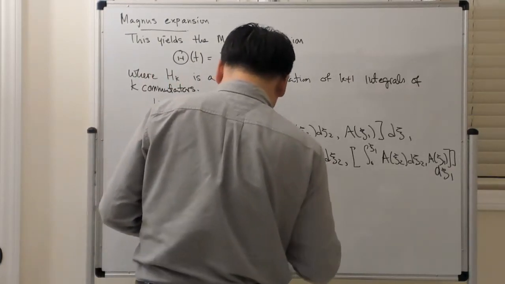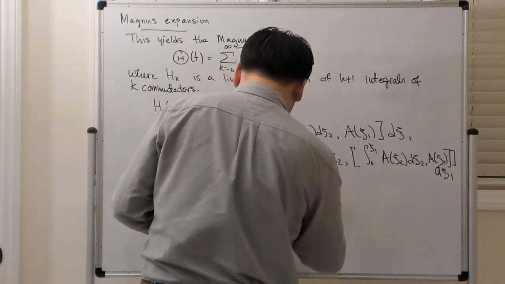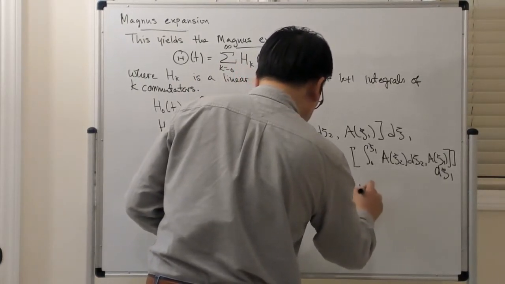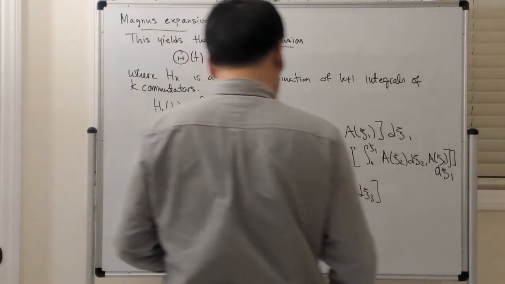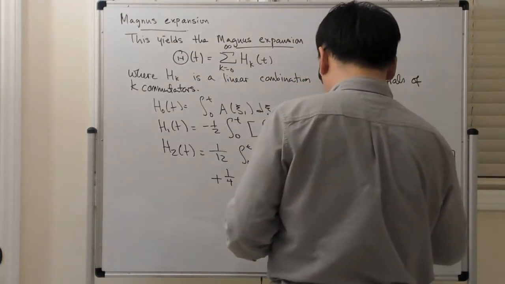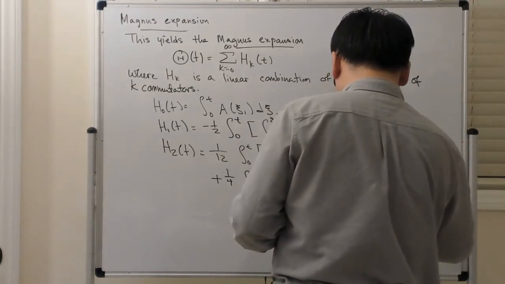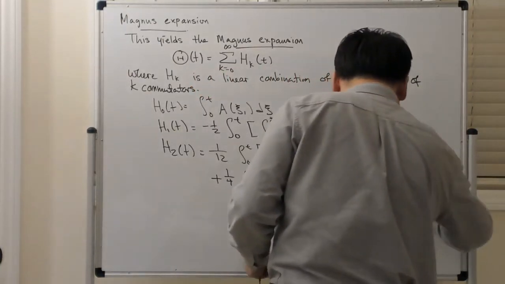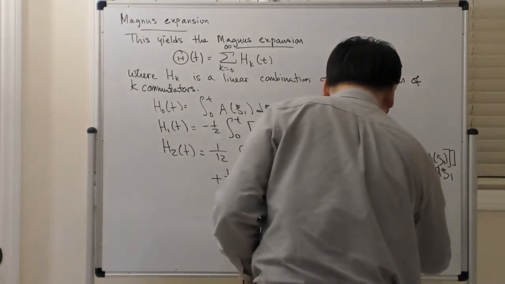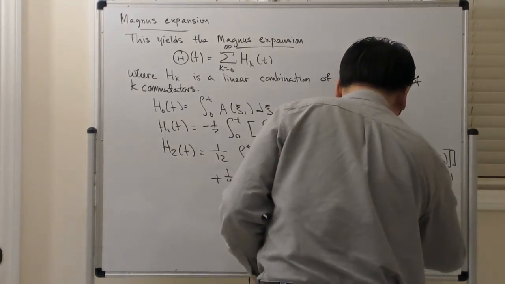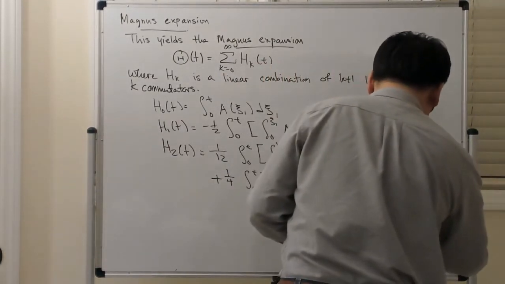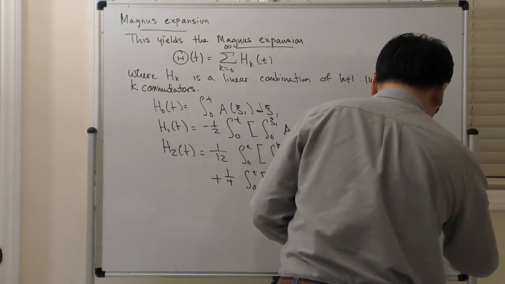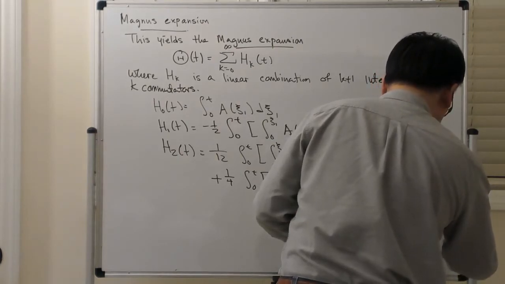Okay, so the second term looks like 1/4 times the integral from 0 to t, the integral from 0 to c1, another commutator, bracket, the integral from 0 to c2 of a of c3 d c3 paired with a of c2, close bracket, d c2, a of c1, bracket, d c1.